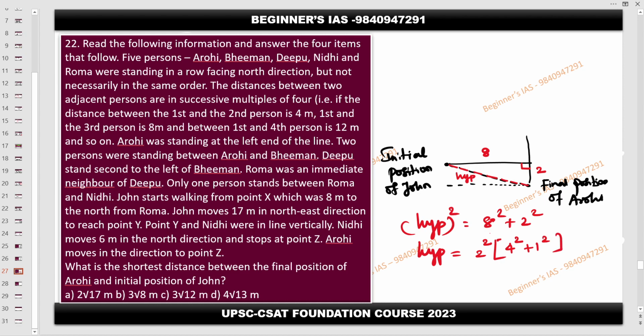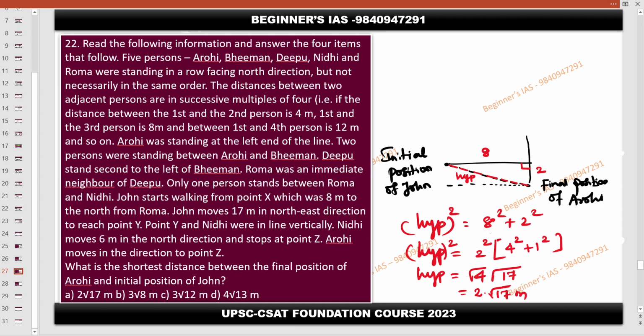So this is nothing but the hypotenuse square. Then the hypotenuse is equal to 2 times root of 16 plus 1, root of 17. Root of 4 is 2, then root of 17, since we do not have an exact square root for 17. So therefore the answer is 2 root 17 meters. Anybody having a doubt? No, sir.